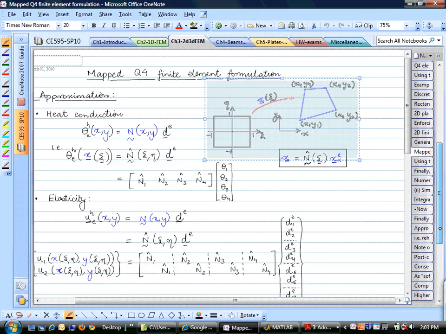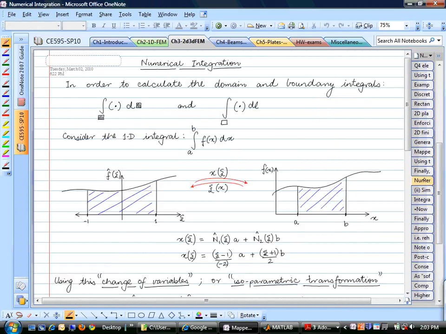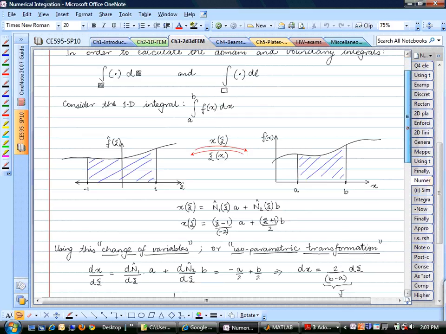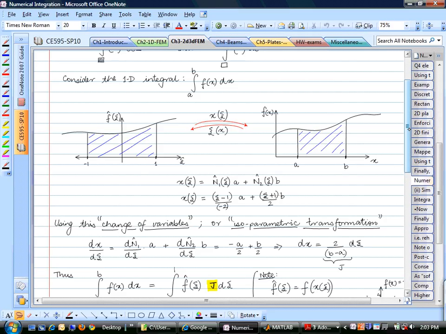After mapped elements, we talked about reduced and full integration, or the numerical integration. I obviously don't expect you to do a whole lot of for loop kind of calculation by hand. Some of the homeworks and problems, homework 6, were better done by MATLAB.